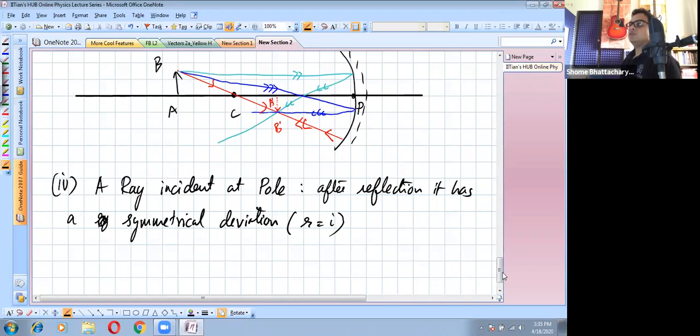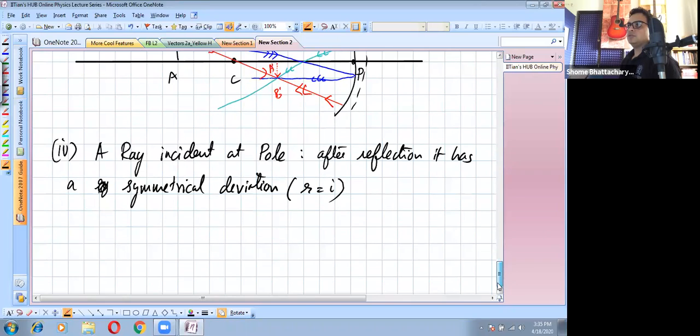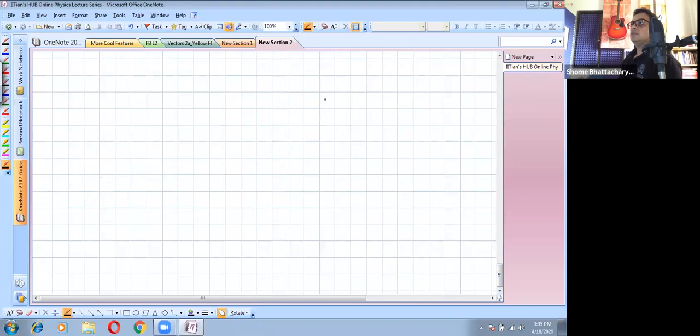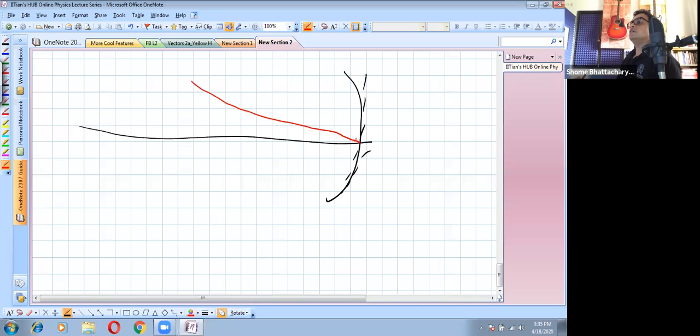Angle of reflection is equal to angle of incidence. So in simple terms, this is like this, that we have any ray of light incident like this over here. Very bad diagram, but I'm just saving a bit of time here. So we'll see how we incorporate that in our earlier diagram.